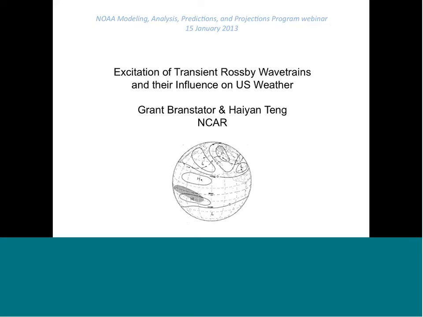They provide the mechanism by which a connection is made between what's going on in the tropics and what's going on in mid-latitudes. So today I want to take a little different approach, and rather than consider quasi-stationary wave trains, which is the situation for ENSO, I want to consider transient wave trains whose variability takes place on, say, interseasonal timescales.